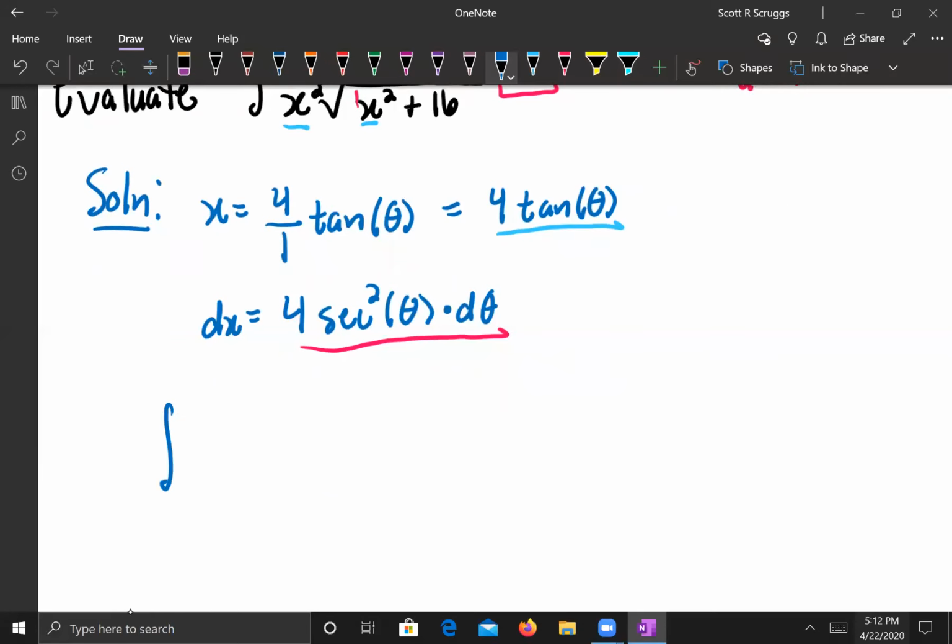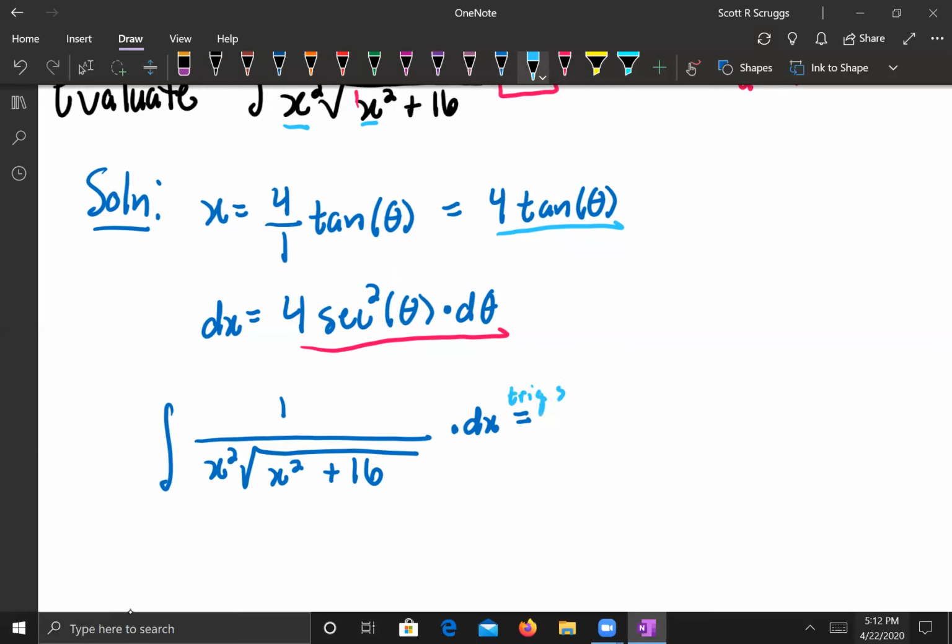So let's now take the integral of 1 over x squared times the square root of x squared plus 16 times dx. What I get after trig sub is the integral of 1 over, wherever I saw an x, I want to replace with 4 times tangent of theta.